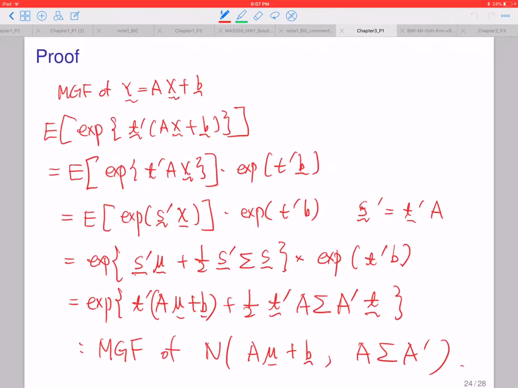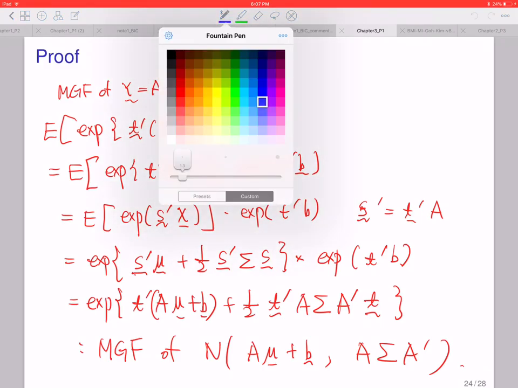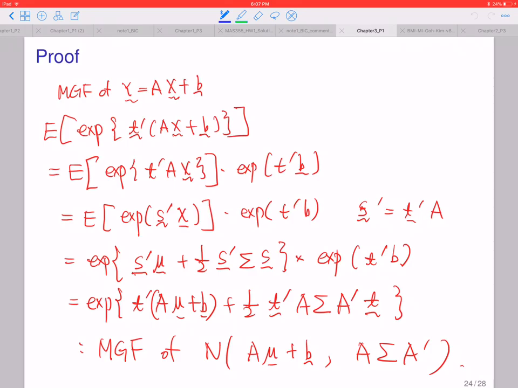So how do we prove it? Well, we can use the MGF, because the MGF uniquely determines the distribution. The MGF of this linear transformation is this one. The second part can go outside, and with the same technique we can call this S and define S prime, and use the property of the MGF.